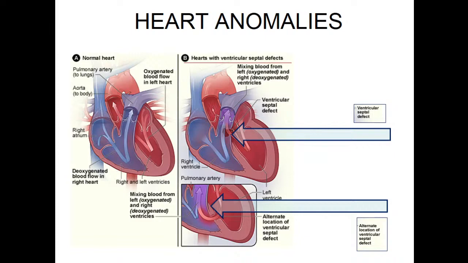And on the right side you can see a situation where the separation between the left and right parts of the heart is not complete. It is an oval window, an alternative location of a ventricular septal defect.